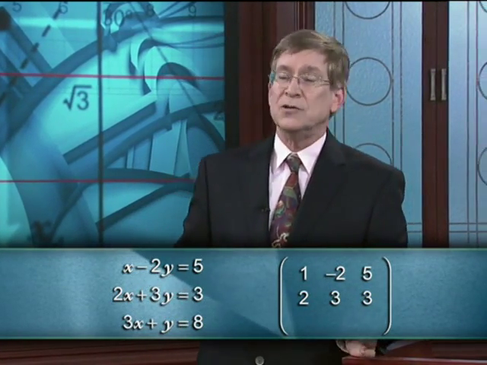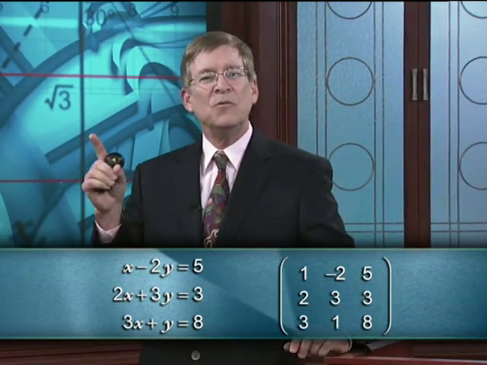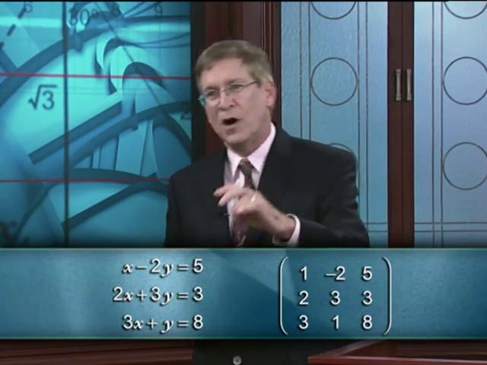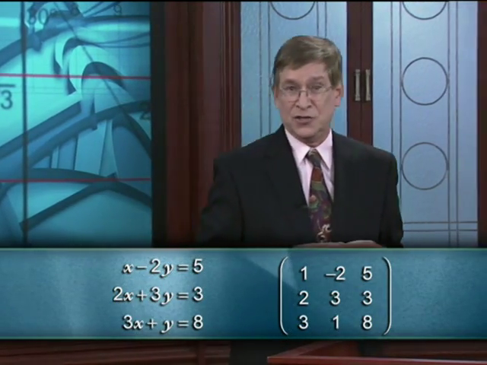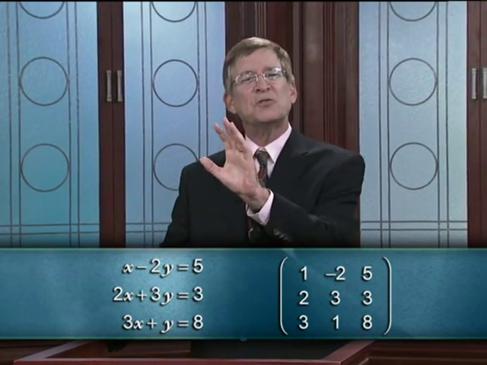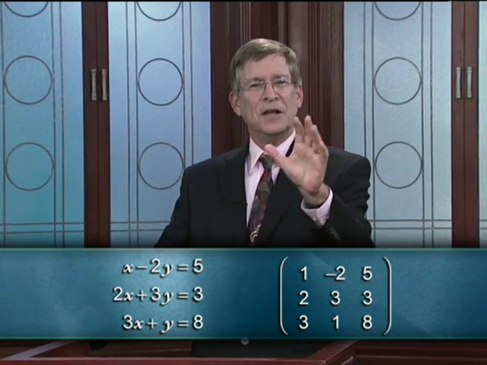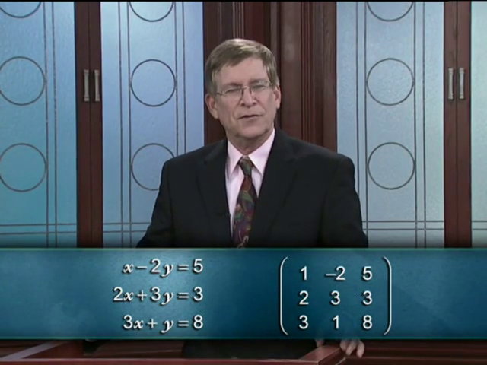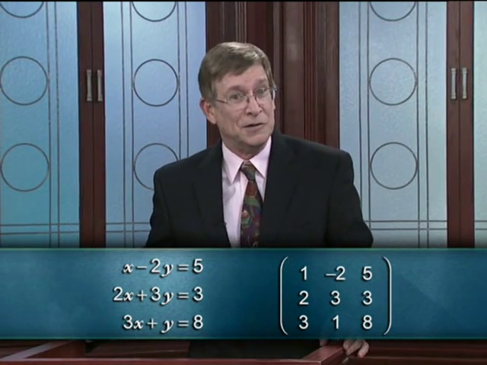And the third equation, I think you get the picture, is 3, 1, 8, because 3 is the coefficient of x, 1 is the coefficient of y, and 8 is the constant term on the right-hand side. So that matrix is a concise way of expressing the linear system without having all those variables in there. We're sort of saving some chalk here, aren't we?